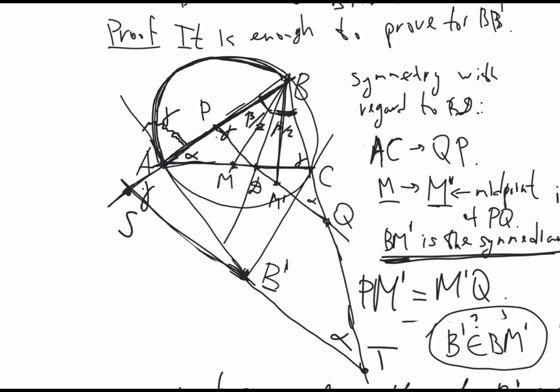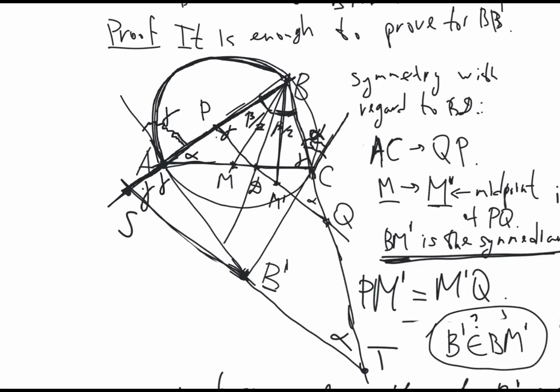So this angle is gamma, and then SAB prime is also gamma. And similarly here, this angle is equal to alpha, because it's an angle between the chord BC and the tangent.